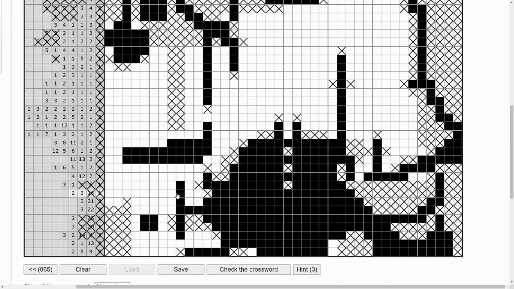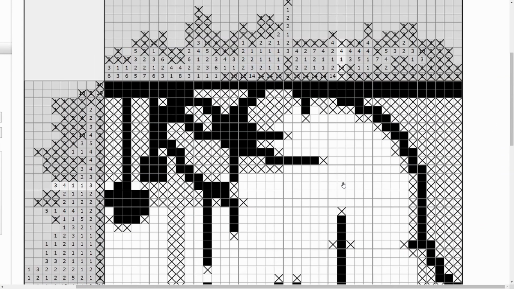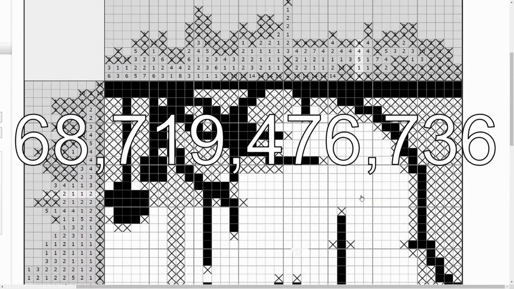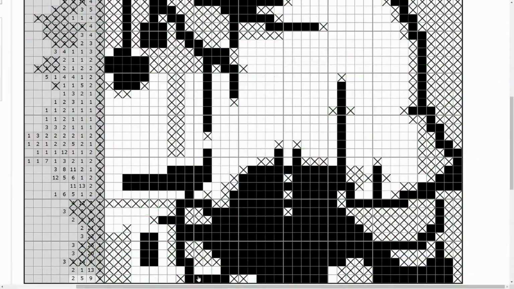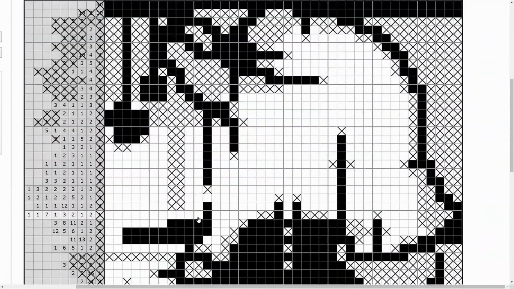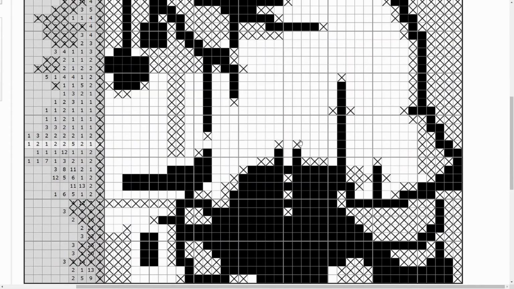Then after that comes 2 to the power of 6 to the power of 2, a 6x6 nonogram. That is 68,719,476,736. The next level up, 7x7, broke Google's calculator, and by that I mean it doesn't show all the full detail.